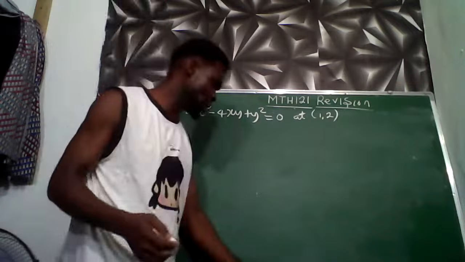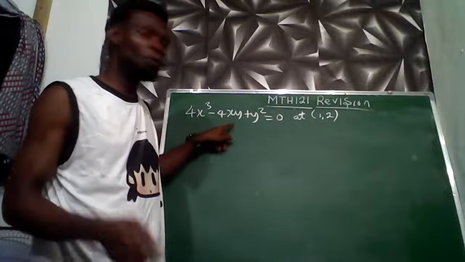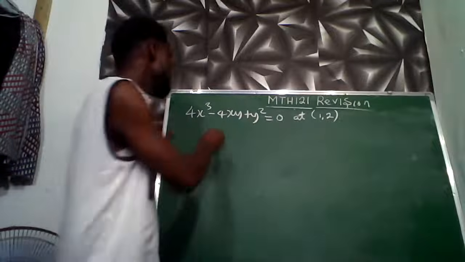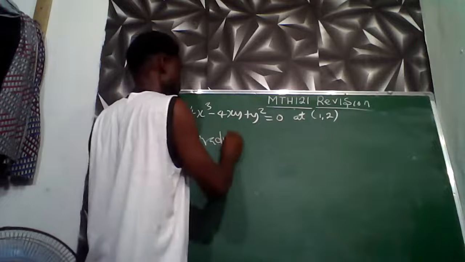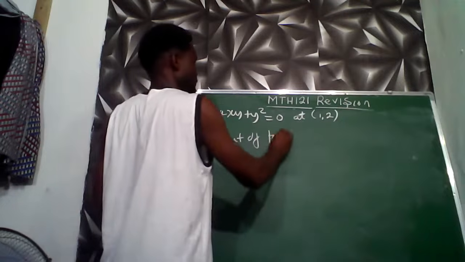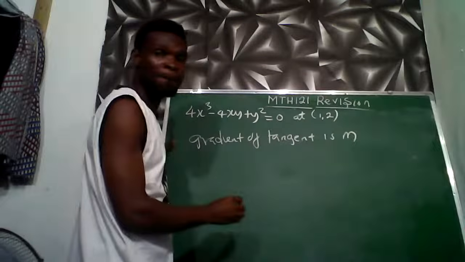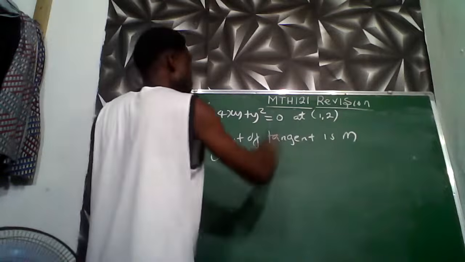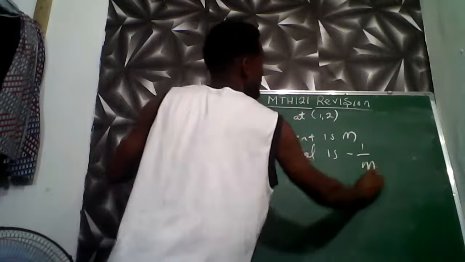So the question says, find the gradient of the normal. Don't forget that the gradient of tangent is m, but the gradient of normal is minus 1 over m.